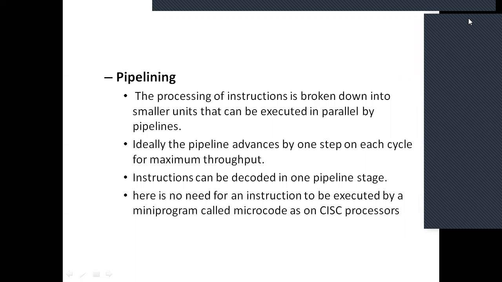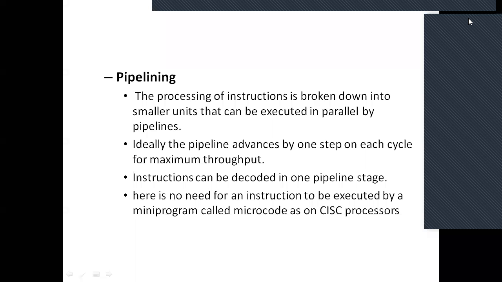So instructions can be decoded in one pipeline stage. There is no need for an instruction to be executed by a mini program called microcode as on CISC processors. Usually in the CISC system, a special set of programs is inside the processor chip that is called microcode. So in this RISC system, you do not need that microcode.